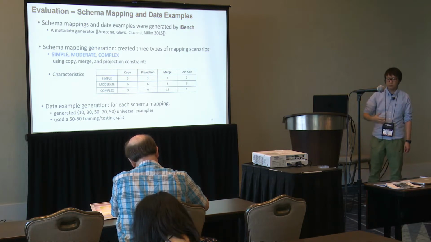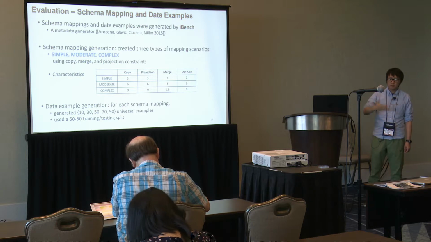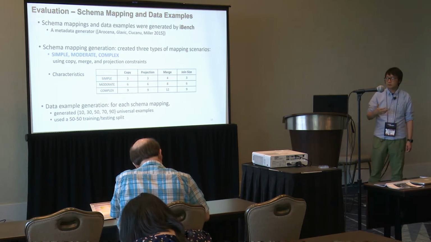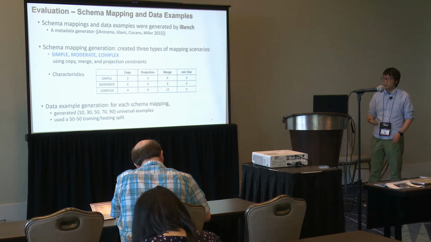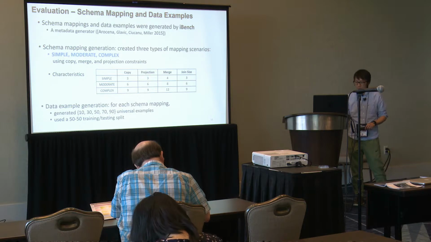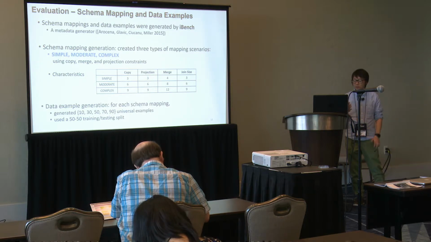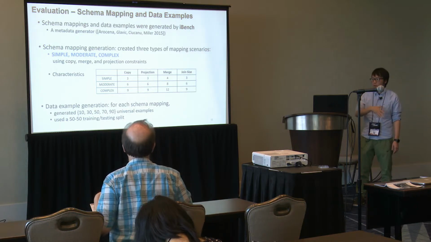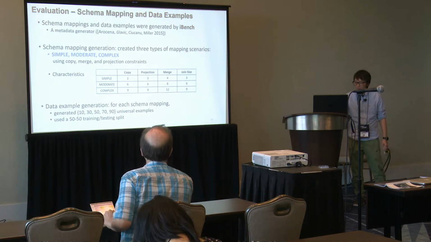Intuitively, we increase the complexity of the schema mapping scenario to test the effectiveness of our algorithm. And for each schema mapping, we also generate different sizes of universal examples and split them into half training and half testing set.